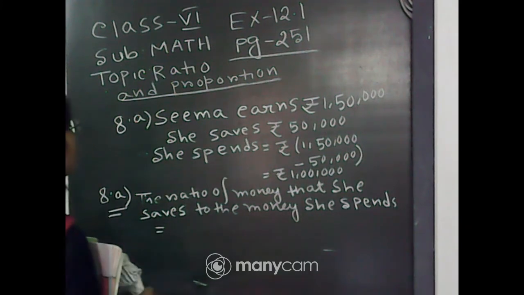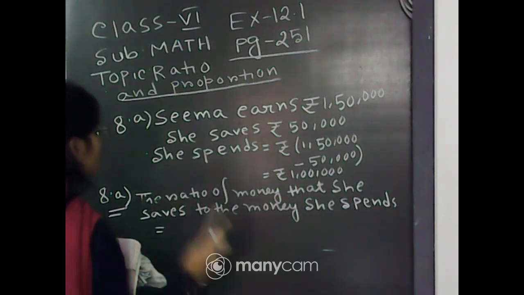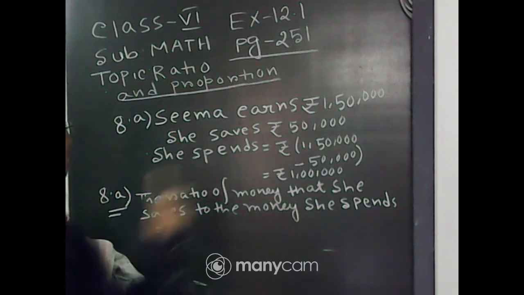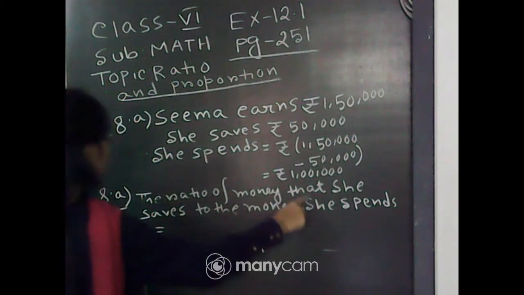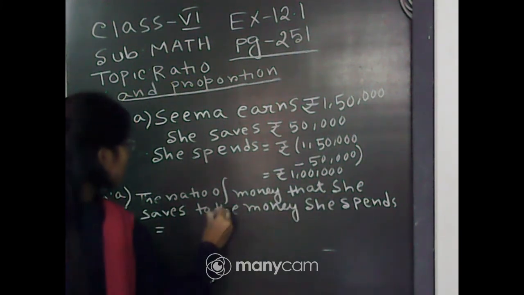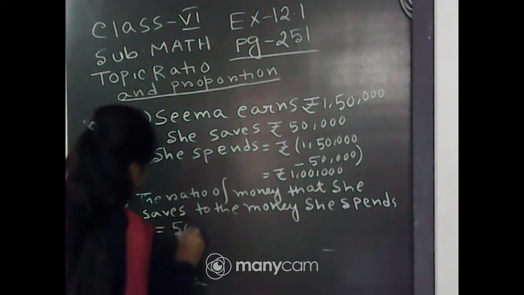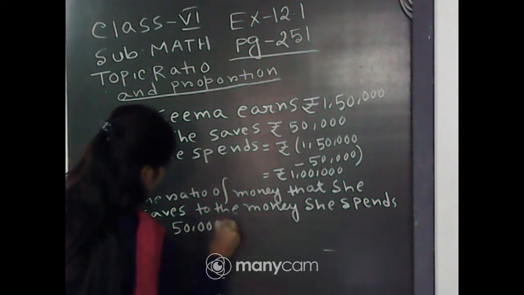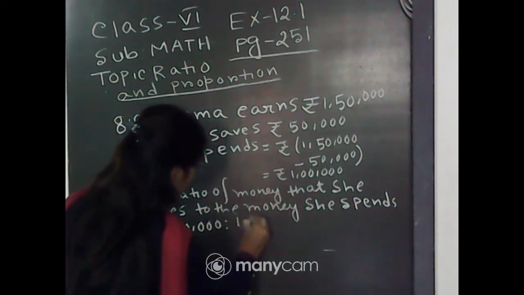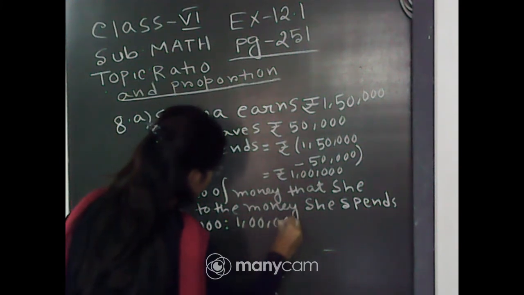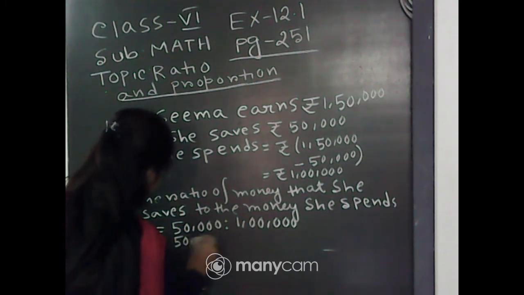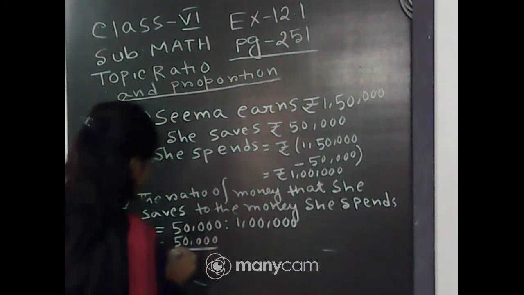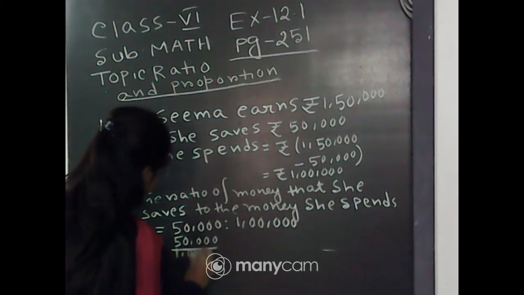Since Seema saves rupees 50,000 and she spends rupees 1 lakh, therefore, the ratio of money that she saves to the money she spends is equal to 50,000 is to 1 lakh. Now we can write this as 50,000 divided by 1 lakh.